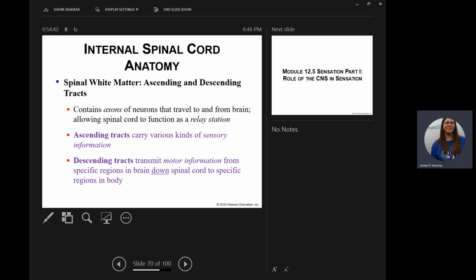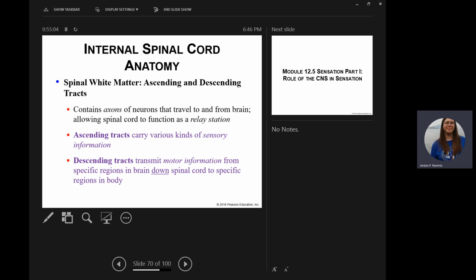So with white matter, you have what's called ascending and descending tracts, a lot of times going towards the brain, and a lot of times away from the brain. So it contains axons of neurons that travel to and from the brain, allowing the spinal cord to function as a relay station. Ascending tracts carry various kinds of sensory information, again, going towards the brain.